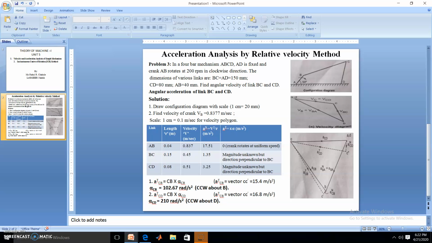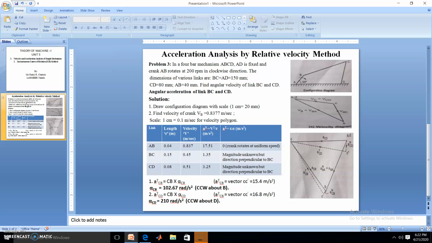The length of link CD is given 80 mm. The length of AB crank is given 40 mm, and the unknown is the angular velocity of link BC and link CD, and the next unknown is angular acceleration of link BC and link CD.